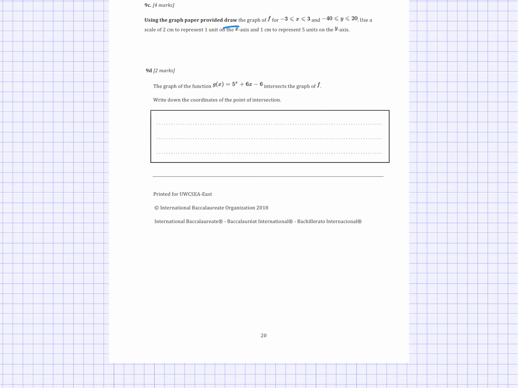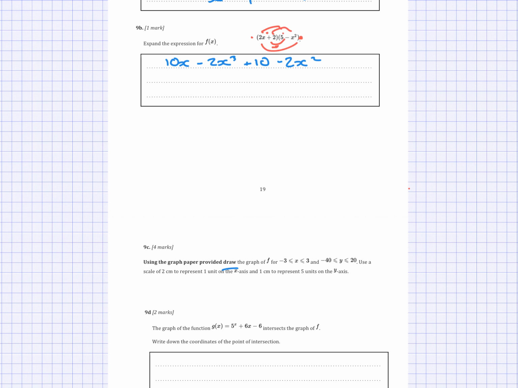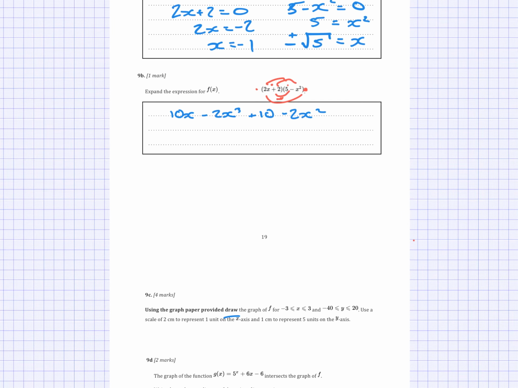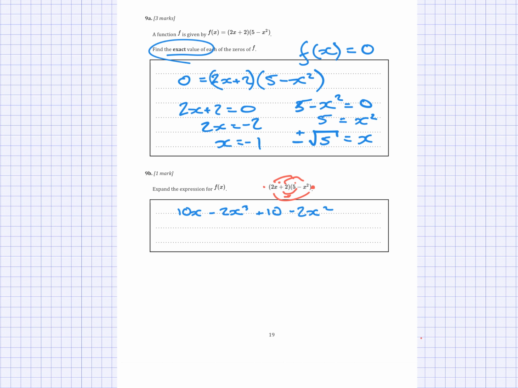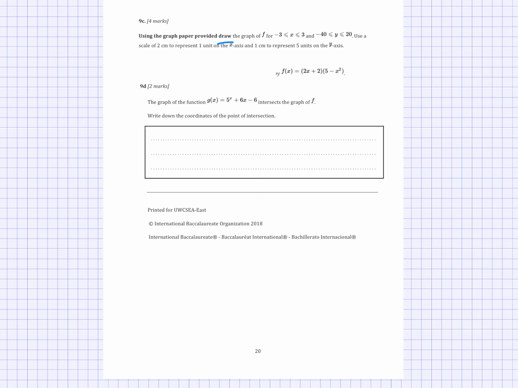So I'm going to come down here. In fact, I'm going to take my function of x with me, which I had somewhere. Oh, that's grouped together. I'll get another one. So our function of x is this one. Let's take this with us, and we'll start to draw it down here on our provided graph paper.